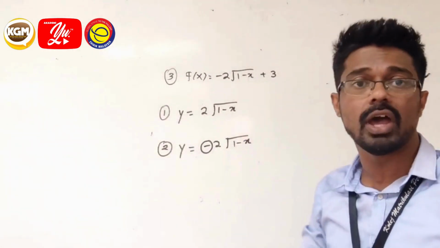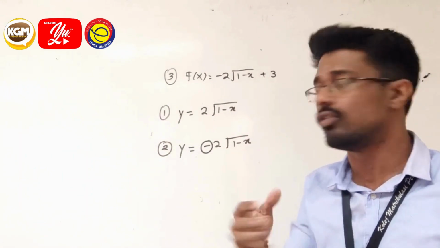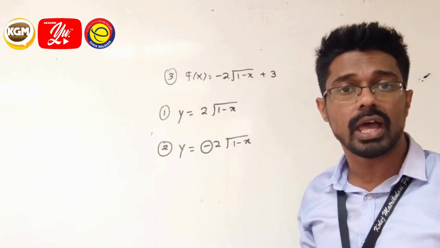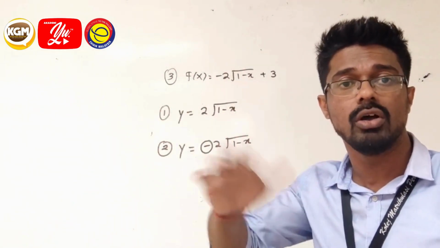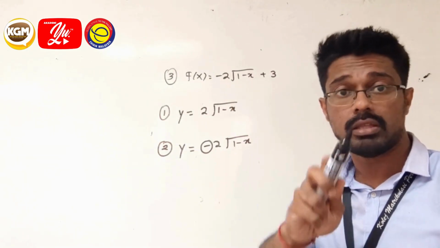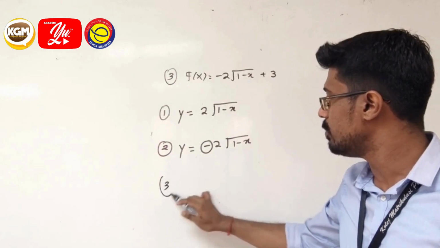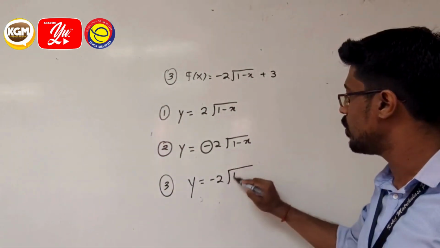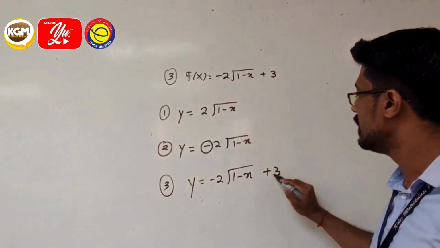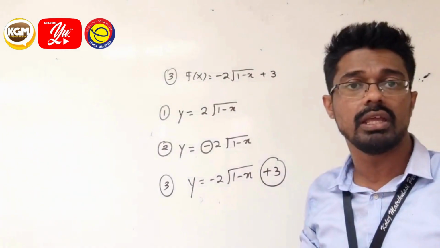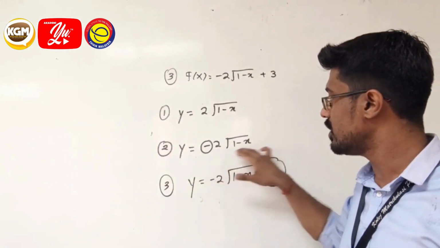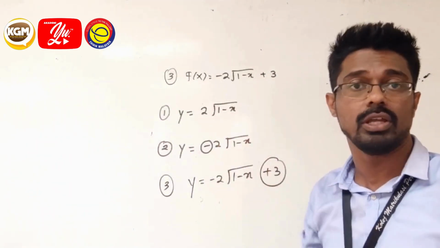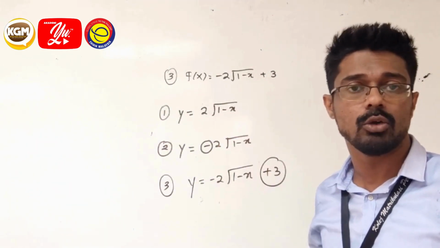What is the effect of adding a negative to the function that we have already drawn? Negative means you reflect about your x-axis. And then the final graph is going to be y equal to negative 2 surd 1 minus x plus 3. The effect of doing plus 3 is, once I've already drawn this, I'm just going to shift it upwards by 3 units. Let us see how to do that.